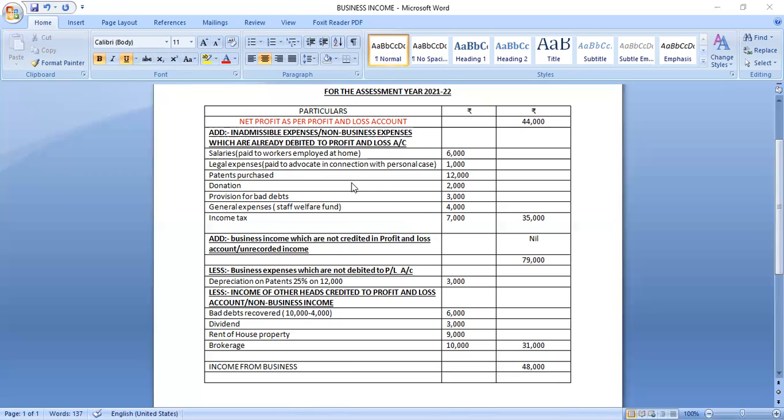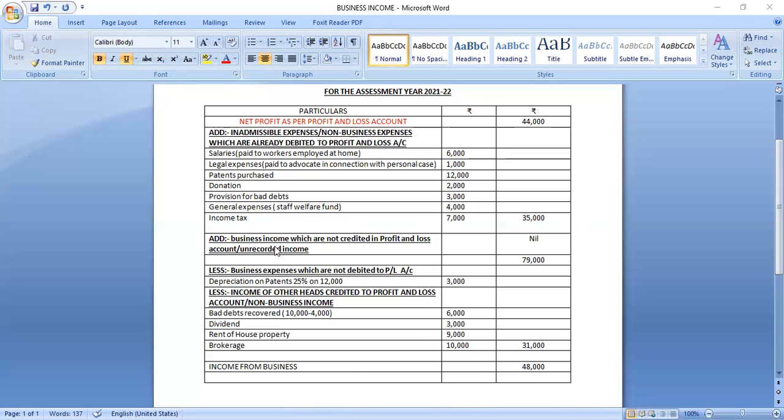So in computing profit from business, income from business, there are 4 steps. First, take the net profit given in the problem, or you can take the net loss if it is given. If net profit is given, add, as the first step, non-business expenses. The second step, add business income which is not entered in the P&L account.